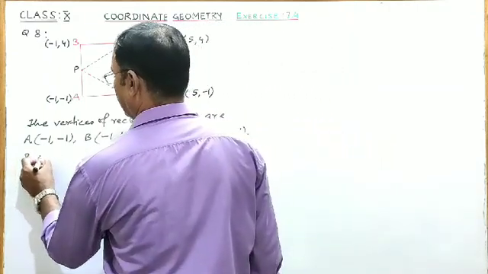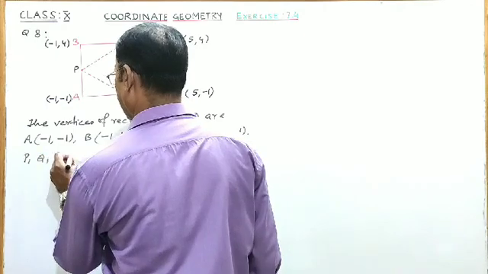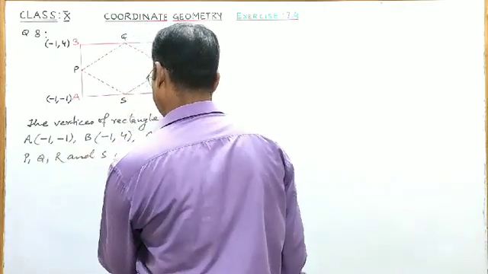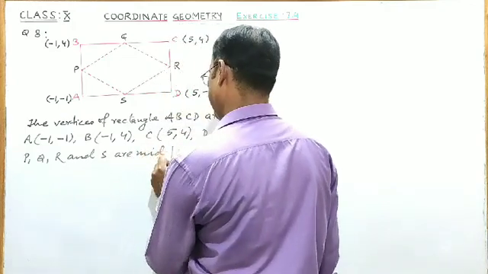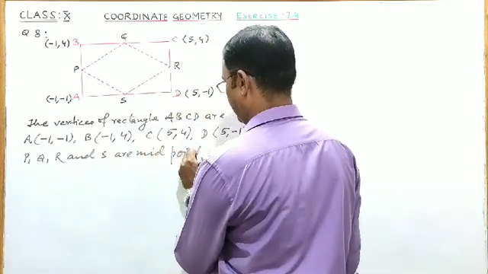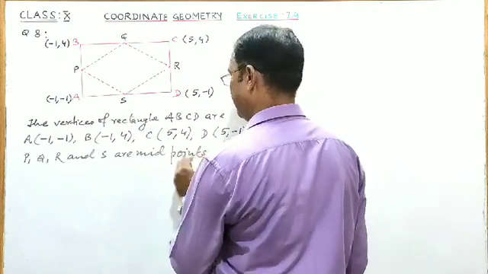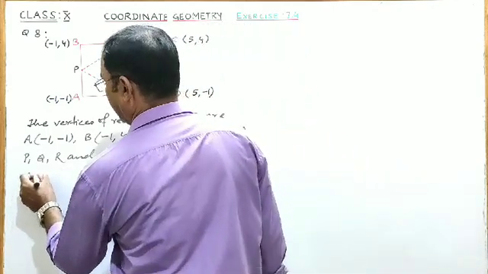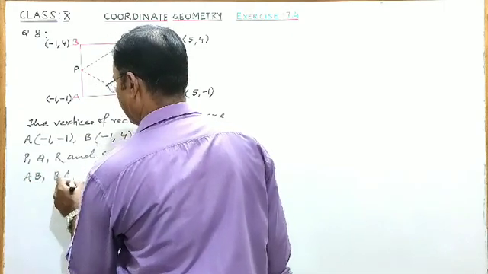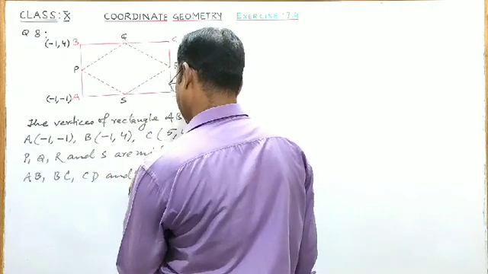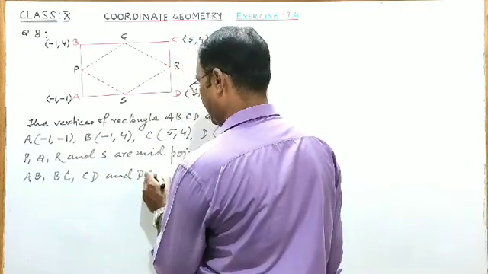Points P, Q, R and S are midpoints of sides AB, BC, CD and DA respectively.